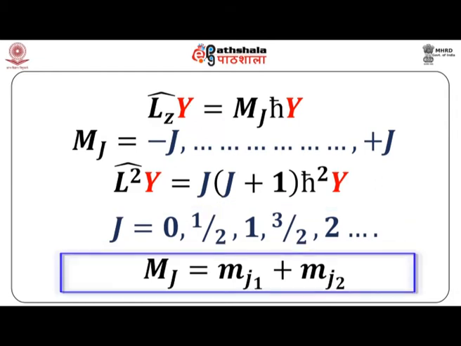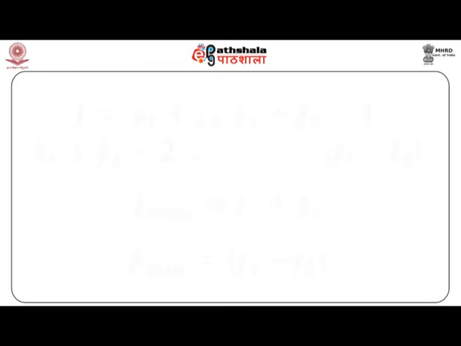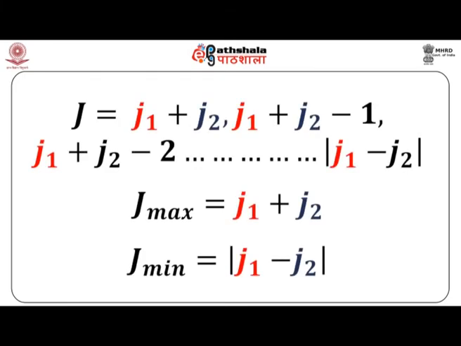We found that capital Mj is equal to the sum of small mj1 plus small mj2, and capital J can take up values from J1 plus J2, which is J max, the maximum value of J, to J minimum, which is defined by modulus of J1 minus J2.